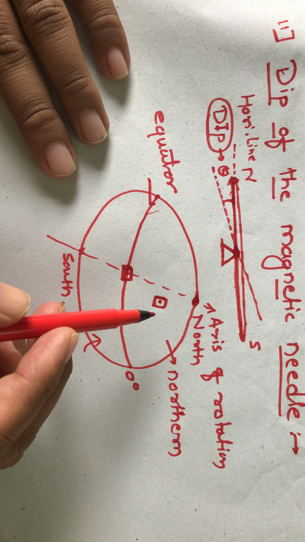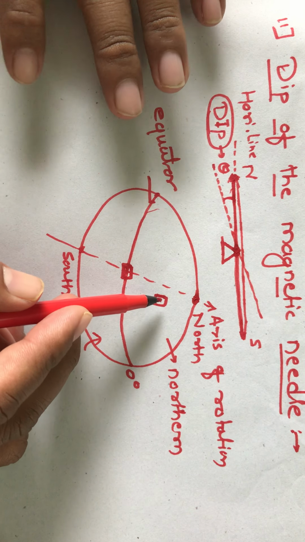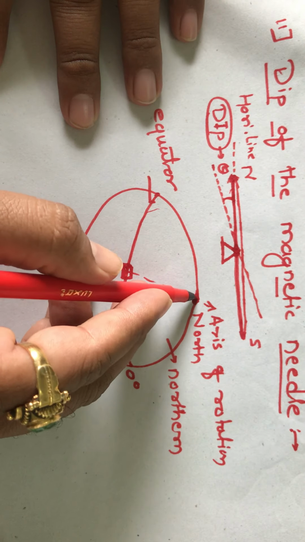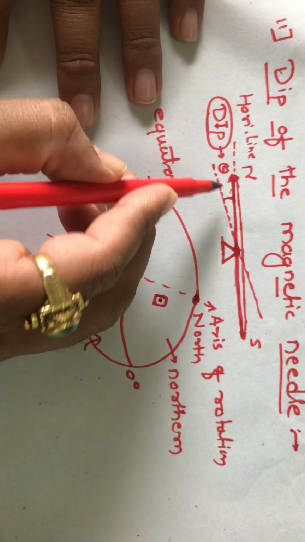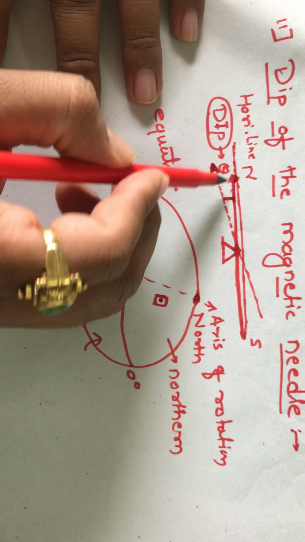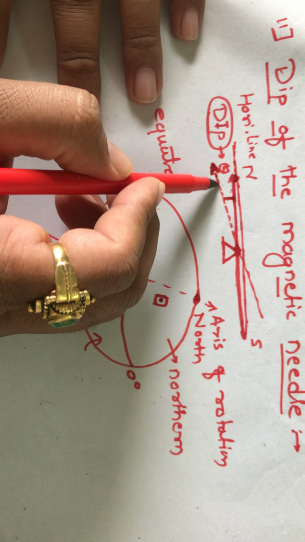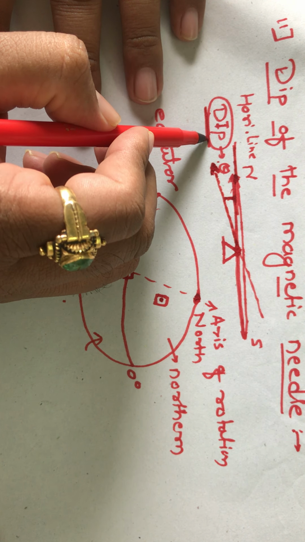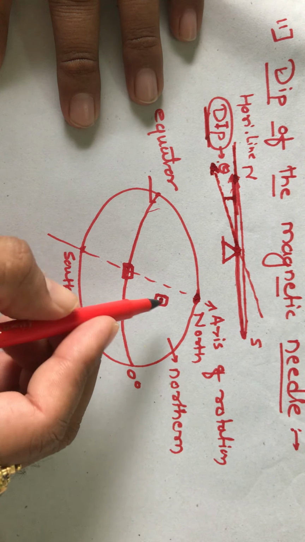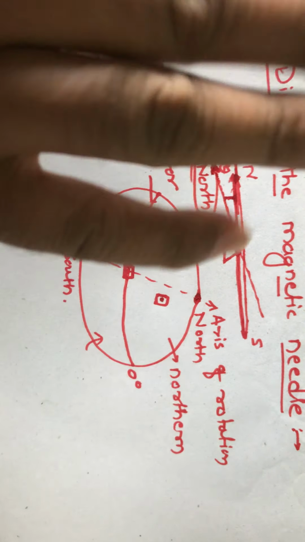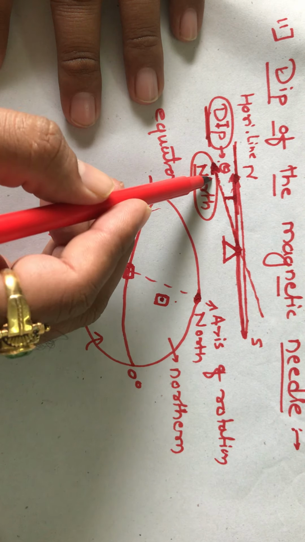Here the needle is tilted towards the north pole, like this. That's why we have a dip, and the angle between the needle and the horizontal line is called the dip. In the northern hemisphere, the north end of the needle will dip towards the north.